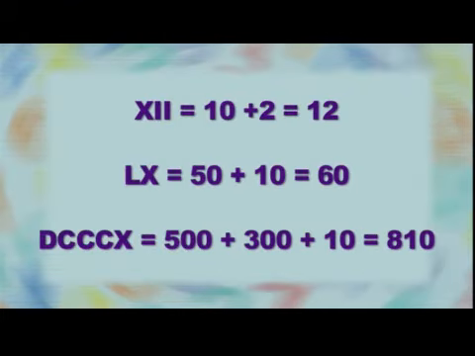For example, XII will have it as 10 plus 2 which is equal to 12. Secondly, LX is equal to 50 plus 10, which is 60. DCCX is equal to 500 plus 300 plus 10, which is equal to 810.